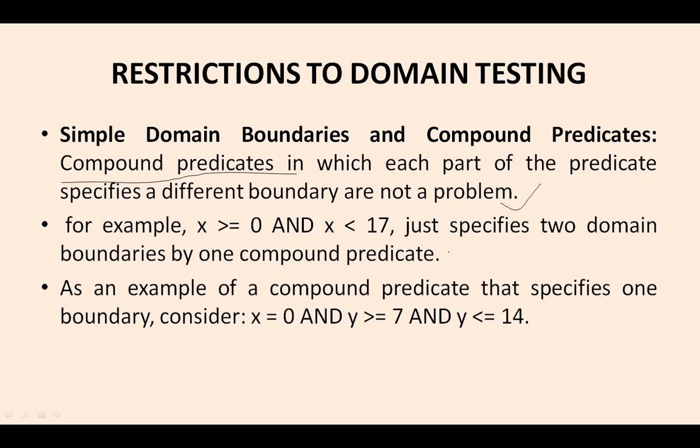As another example, a compound predicate that specifies one boundary: x is equal to 0 and y greater than or equal to 7 and y less than or equal to 14. So compound predicates can have very simple boundaries. This is also a drawback. Handling values for compound predicates is also a limitation.